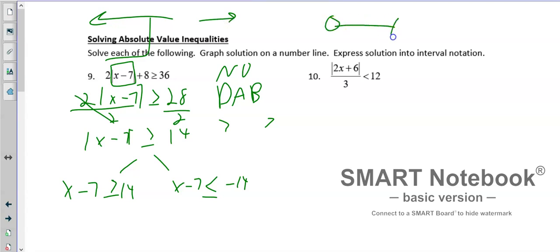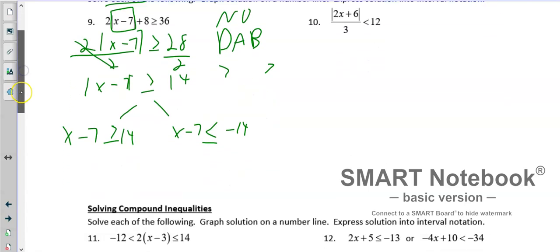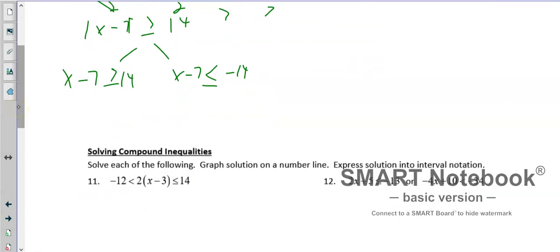Or something like this, open or closed dots, whatever. But there is no that. Okay? So that's why we have to flip the symbol when we make the number on the other side negative. Now I'm going to add 7.